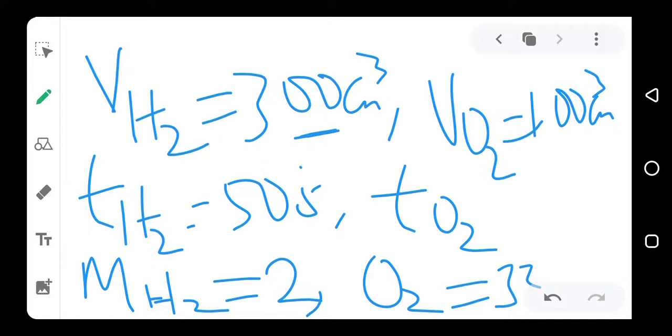The first time we solve it, we get the time equivalent for diffusion of oxygen for this 300, and then we use that to predict the time for diffusion of 100 cm cube of the gas. Let's solve it.